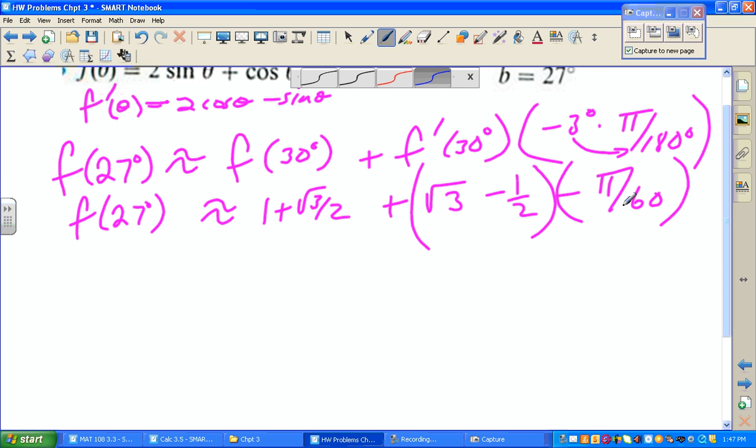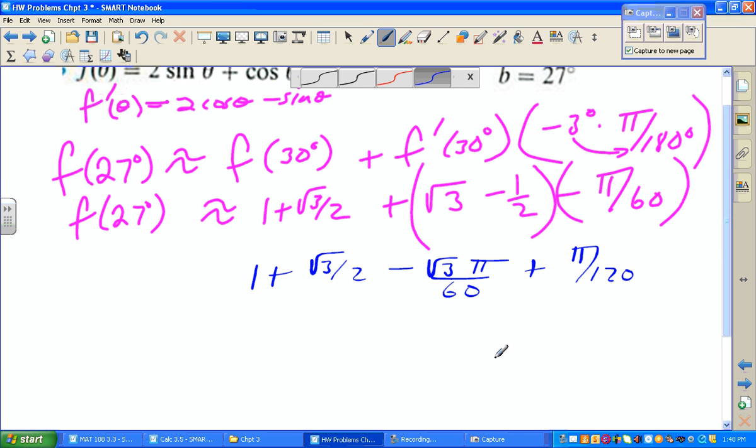Well, I'm trying to think. 1 plus square root of 3 over 2 plus, sorry, minus. If you're going to a decimal, why don't you just punch in the calculator? Square root of 3 pi over 60, because it's a negative, plus pi over 120.